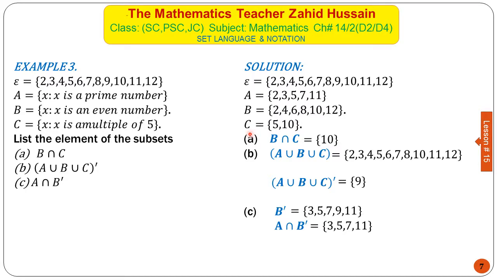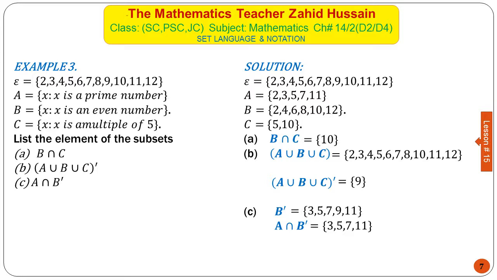These types of questions are asked in your CIE exam. Now the next topic is very important, which is the Venn diagram. To study the Venn diagram, we should have the concept of subset, disjoint set, overlapping set, union, intersection and complement.